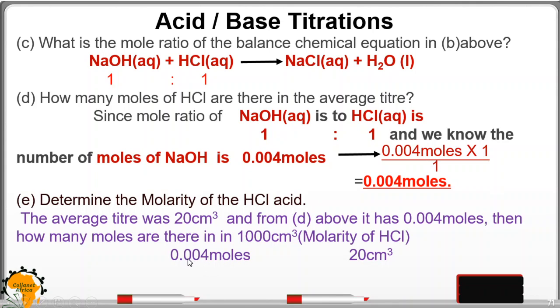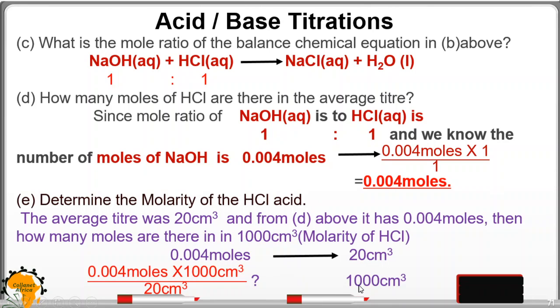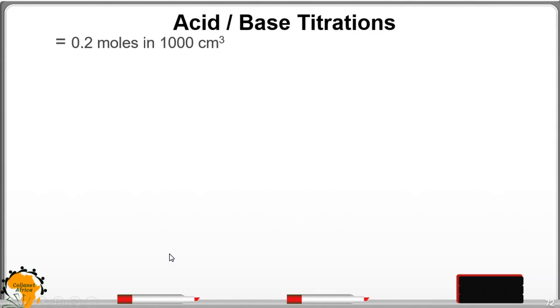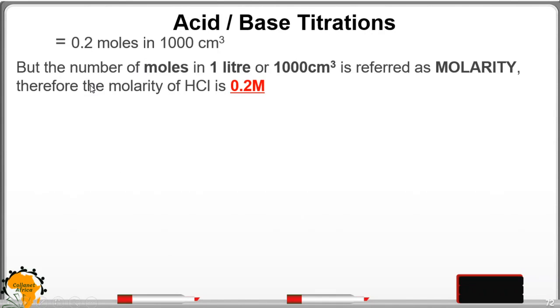So 0.004 moles are present in 20, the average titer. So what about in 1,000? If you want to know the number of moles, you cross multiply and the answer will be 0.2 moles in 1,000, meaning the concentration or the molarity of the HCl was 0.2 M.